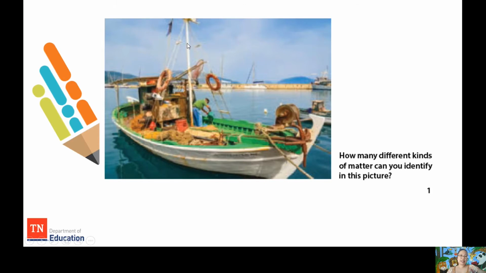This mast is made up of matter, and these are all solid. The boat is made of matter. It's solid. And then I have water all around it. I can see a blue sky, so we know there's air. And then these look a little bit like clouds, so that's matter as well.